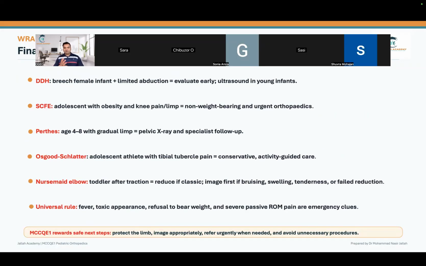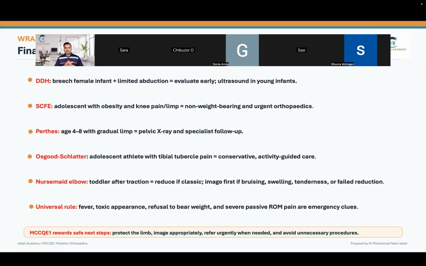DDH, breech female infant, limited abduction, evaluate early, ultrasound in younger, and X-ray for older than 6 months. Slipped capital femoral epiphysis, adolescent with obesity, hip pain, knee pain, non-weight bearing, urgent orthopedics.